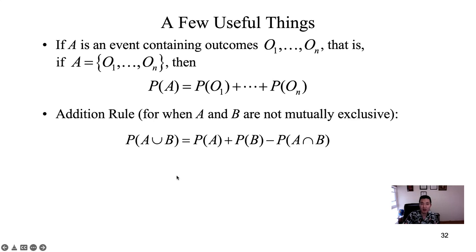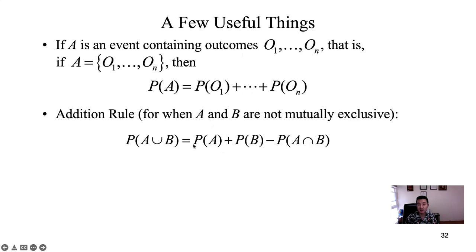If event A is an event containing n possible outcomes, O1 to On, then P(A) is equal to P(O1) plus P(O2) plus ... plus P(On). We just discussed that if two events A and B are mutually exclusive, then P(A or B) is equal to P(A) plus P(B).